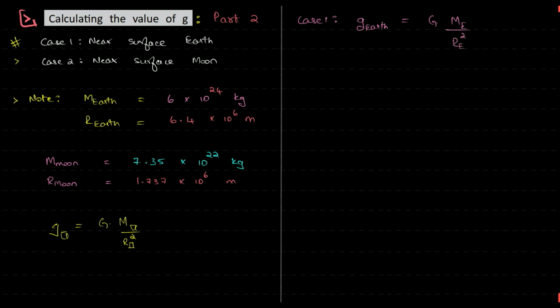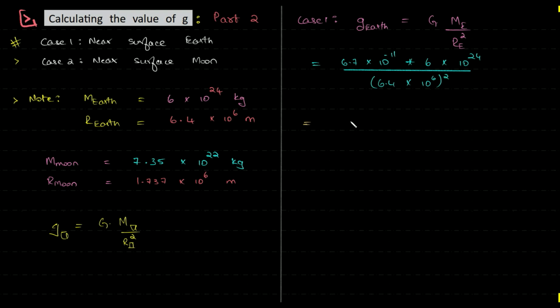So this would be equal to 6.7 into 10 to the power of minus 11 into mass of the earth, which is 6 into 10 to the power of 24, divided by 6.4 into 10 to the power of 6, the whole square.